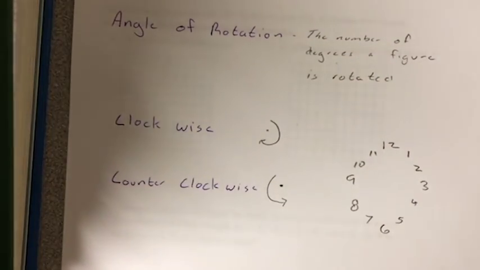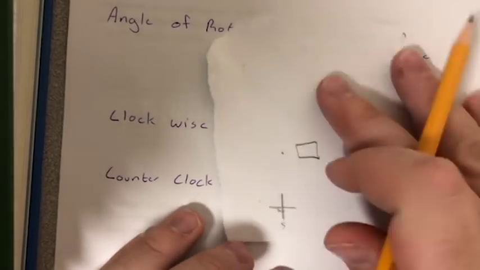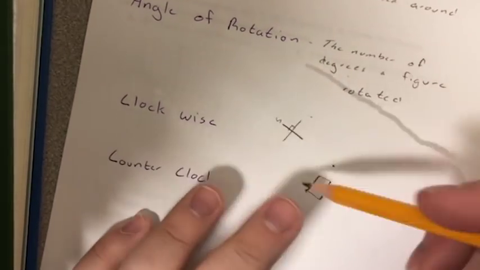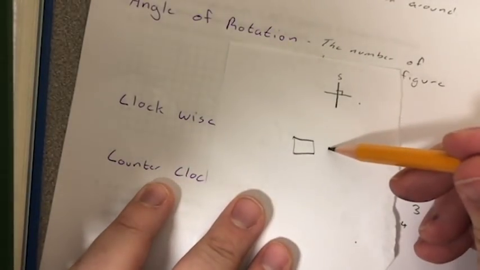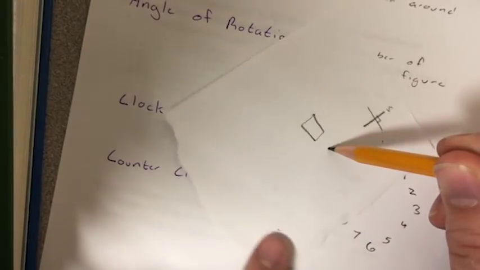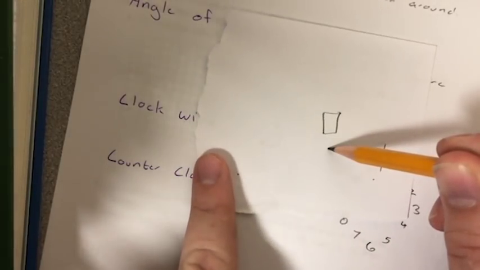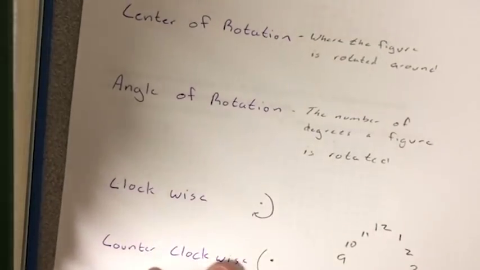And again, should be pretty much intuitive. You should know what a clock looks like. So if I wanted to rotate this little piece by, let's say, 90 degrees, and I wanted to rotate clockwise, I would rotate my paper clockwise 90 degrees. And if I wanted to do it negative, I would go back the opposite way. And we'll do some more on that in just a second.